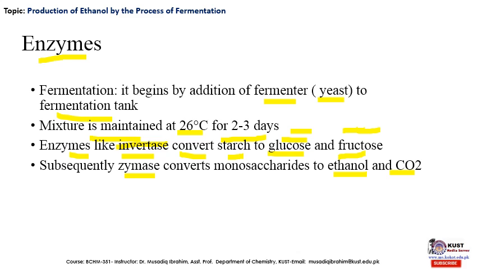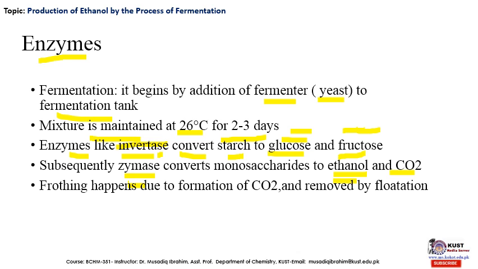So if zymase and invertase are not present, then it is not possible to get the target ethanol from the process of fermentation. Now the frothing happens due to the formation of carbon dioxide, and it is removed by flotation.